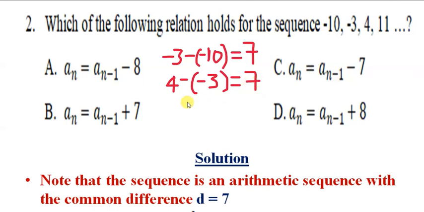Okay, this is about to be an arithmetic sequence. Again, let us check the difference between 11 and 4. Here, this is obvious. 11 minus 4 gives us 7, and therefore this sequence is an arithmetic sequence or arithmetic progression. It is an arithmetic progression without any doubt if the sequence continues like that. Therefore, we call it an arithmetic progression.